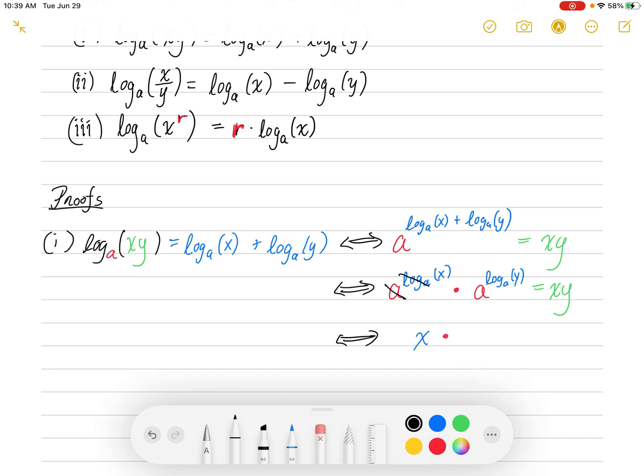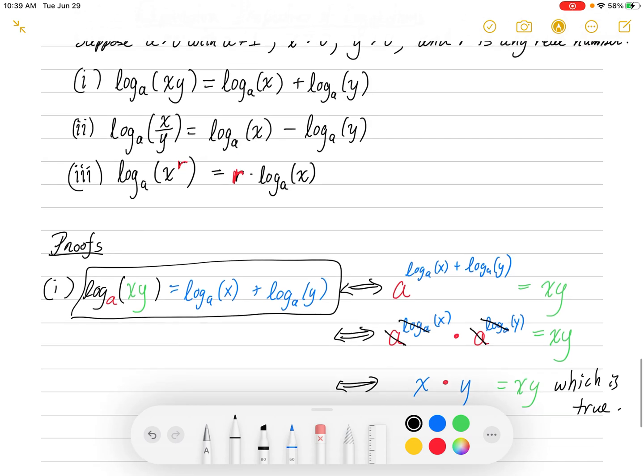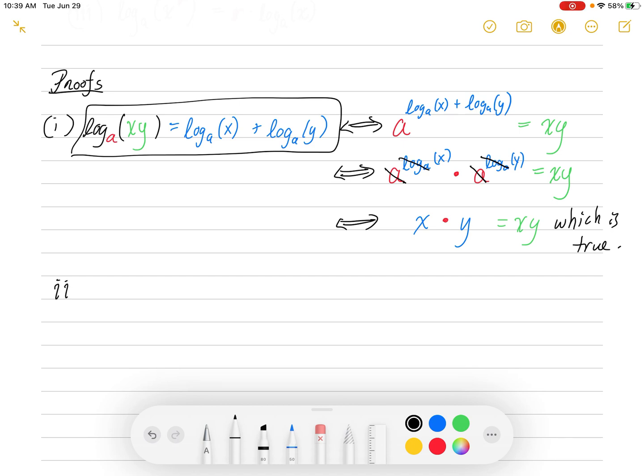And then using our inverse properties of logs, we can take exponential base a and cancel out with logarithmic base a, and that's going to be simply the x in blue. And then we have the multiplication in red. And then we can take exponential base a and cancel out with logarithmic base a again, and we get the y. So we get x times y equals xy. And that's true, right? Which is true. So since this checks out, that means our original thing back here in the box is true. Okay, so that's the first property.